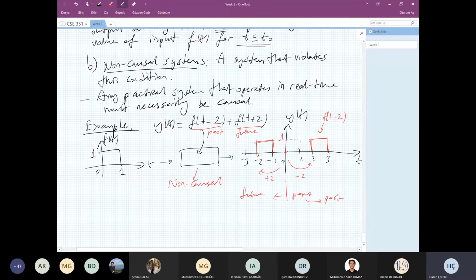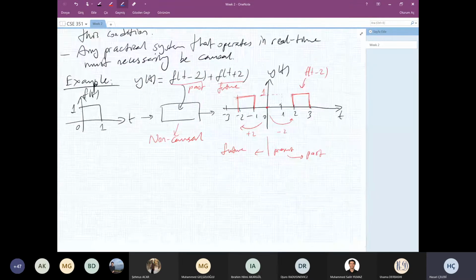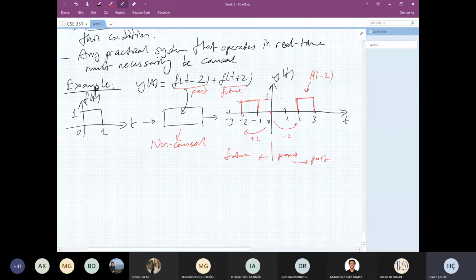But the question is, we need to implement or realize this system in practice. So one solution is, I didn't understand why it is non-causal. Can you please explain that again? Okay, simply, the causal system doesn't depend on the future samples.